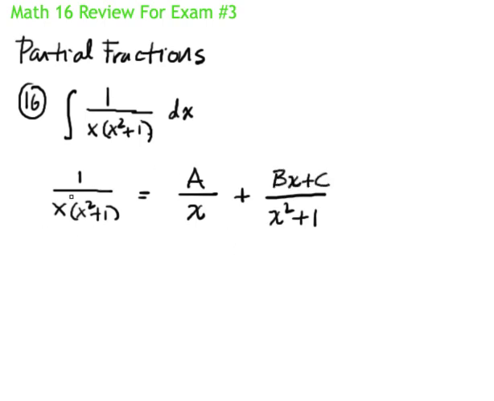Now if we multiply both sides by this denominator, we have 1 on the left-hand side, and on the right, let me just show the multiplication. We're multiplying by x times x squared plus 1 on both sides.